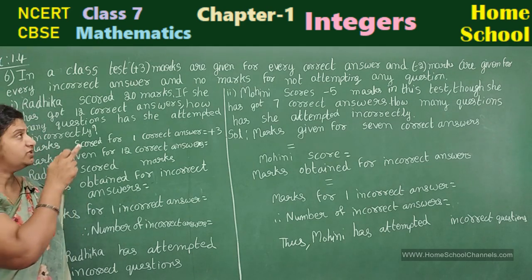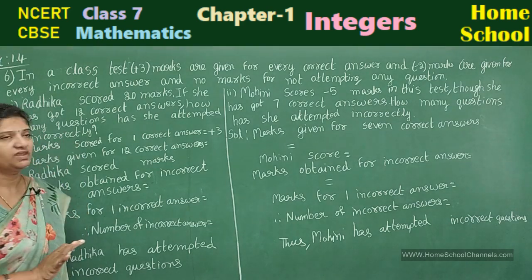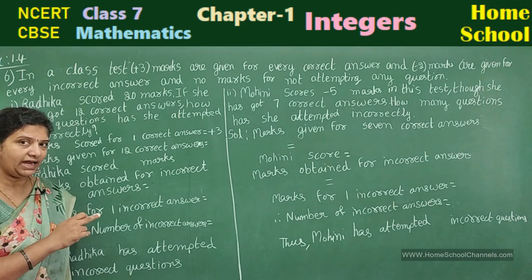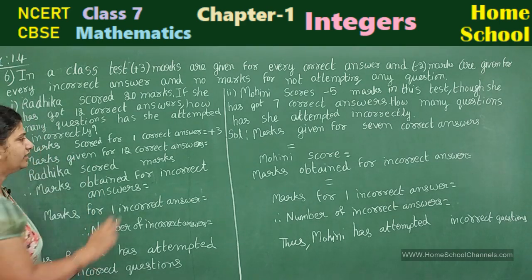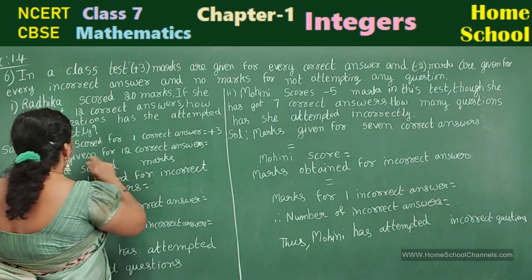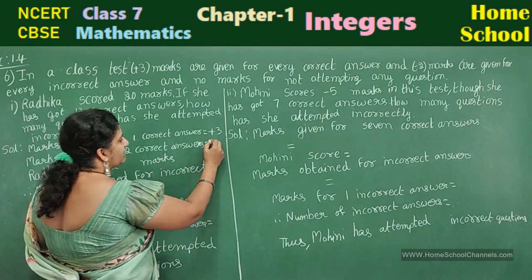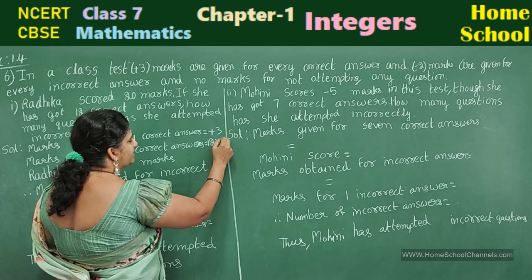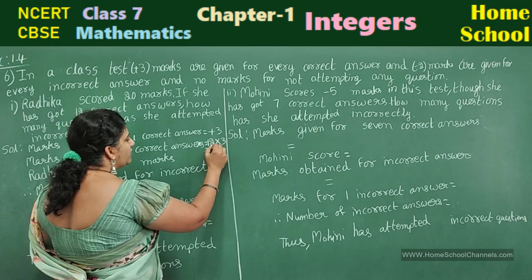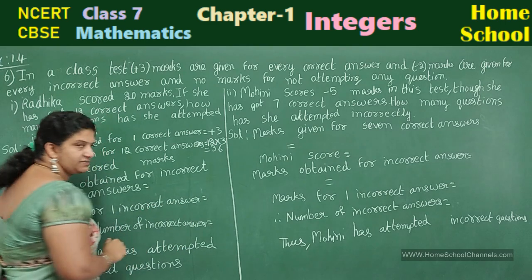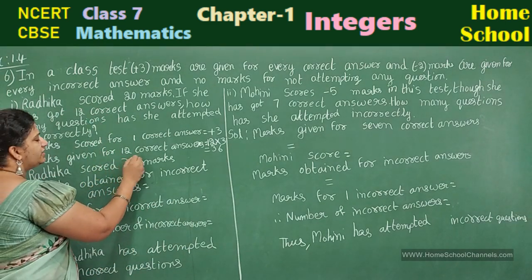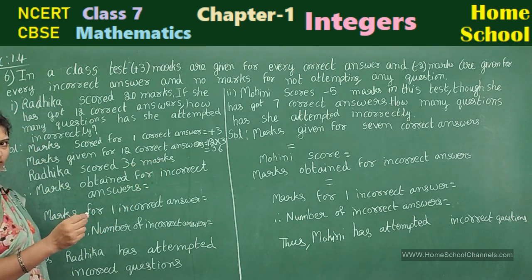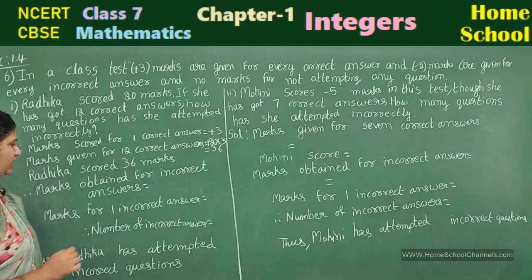Radhika's score is 20 marks. In that, she wrote 12 correct answers. That means marks given for 12 correct answers, 12 into plus 3. That will be 12 3s are 36. Yes or no? Therefore, Radhika scored 36 marks for correct answers.